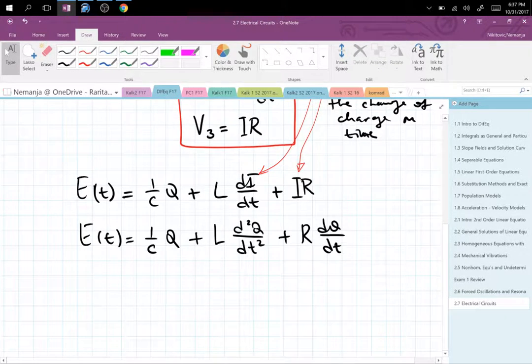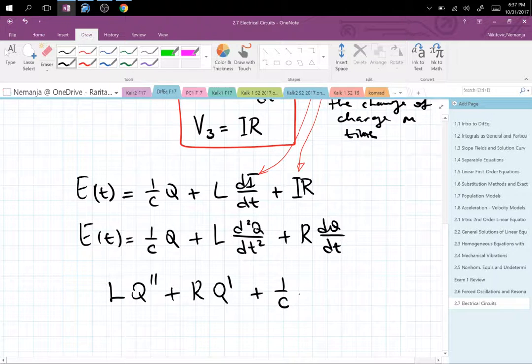And I hope that you see that you get a second order differential equation with constant coefficients. You have L Q double prime plus R Q prime plus 1 over C Q equals E of t.